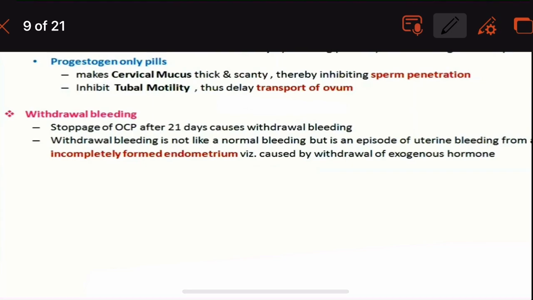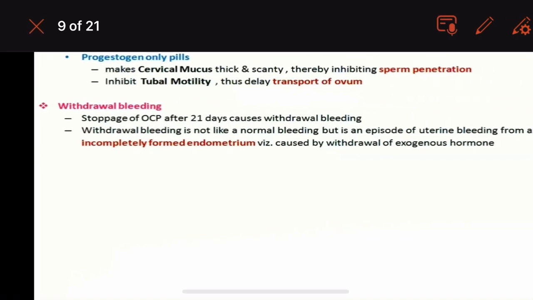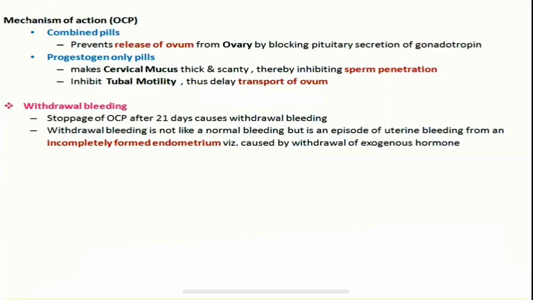Next, withdrawal bleeding. When there is a stoppage of OCPs after 21 days, they will cause withdrawal bleeding. Withdrawal bleeding is not like a normal bleeding, but it is just an episode of uterine bleeding from an incompletely formed endometrium, which is caused by the withdrawal of exogenous hormone.